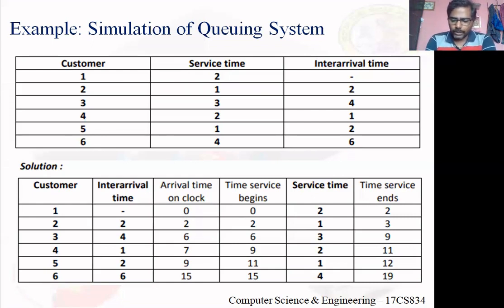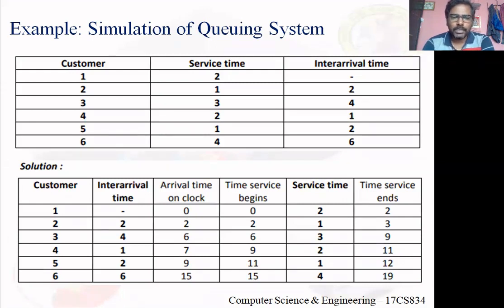Before filling, let me tell you there are two events: arrival event and departure event. What is an event? An occurrence that causes the state of the system to change. Let me consider one state variable, the number of customers in the system.